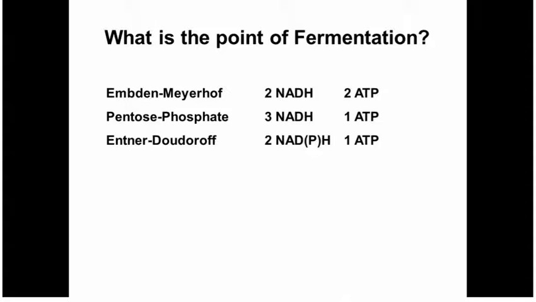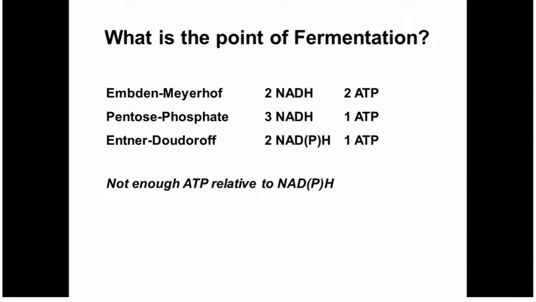And we can probably use one of these 2 to produce a proton gradient. And then our cell will work. But the problem is that in the energy economy of the cell, you need much more ATP than you need NADH. So the yield of glycolysis alone, in terms of ATP, is too low.